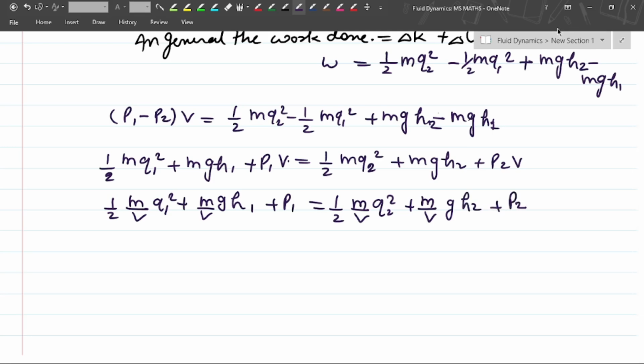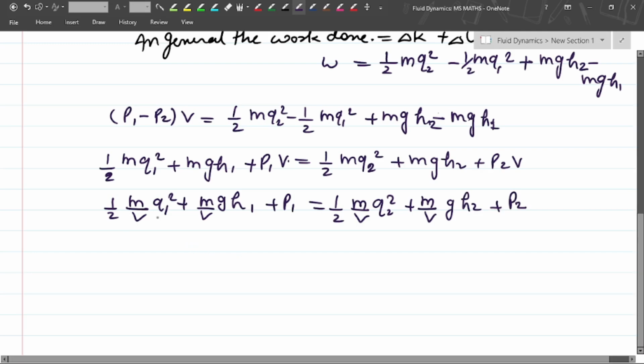Dividing m by V, it is nothing but density.